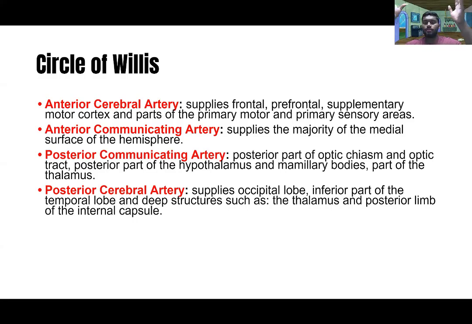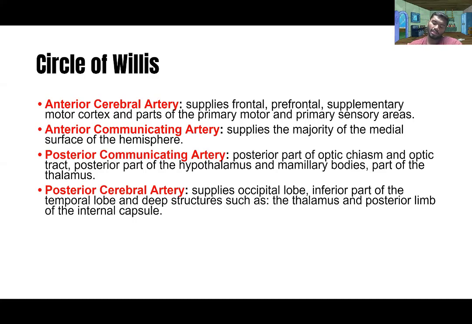But this information gets processed in the cortex, but it needs to get down to your limbs to actually move your limbs, right? The information has to go downward. So you need a wire, right? Kind of like in a computer, you need a wire to connect two parts of the computer. So this is what we call the internal capsule.